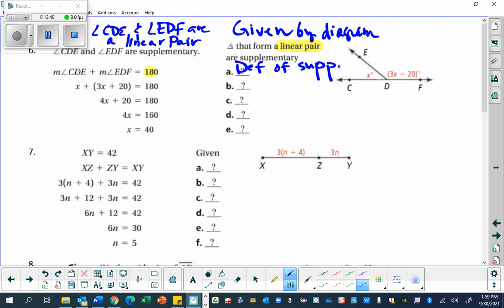The next step is huge, huge, huge, because I go from letters of the alphabet to numbers. Okay, the x is a letter too, I get it. So I've got an x here and a 3x plus 20 here, and suddenly they show up in my proof. Who says I can do that?